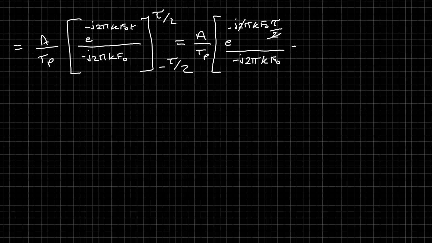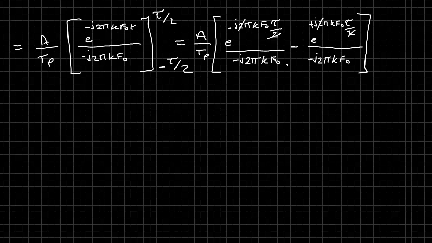We take the lower limit, so it's minus e to the power of minus j 2 pi k f naught. Time is now substituted for with minus tau over 2, so the minus that we have becomes a plus, and the 2's will cancel, and at the bottom we have minus j 2 pi k f naught.